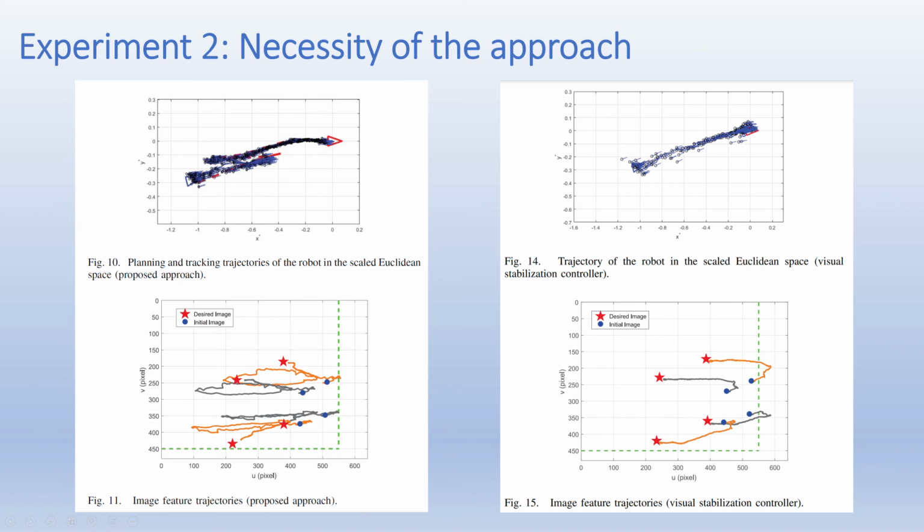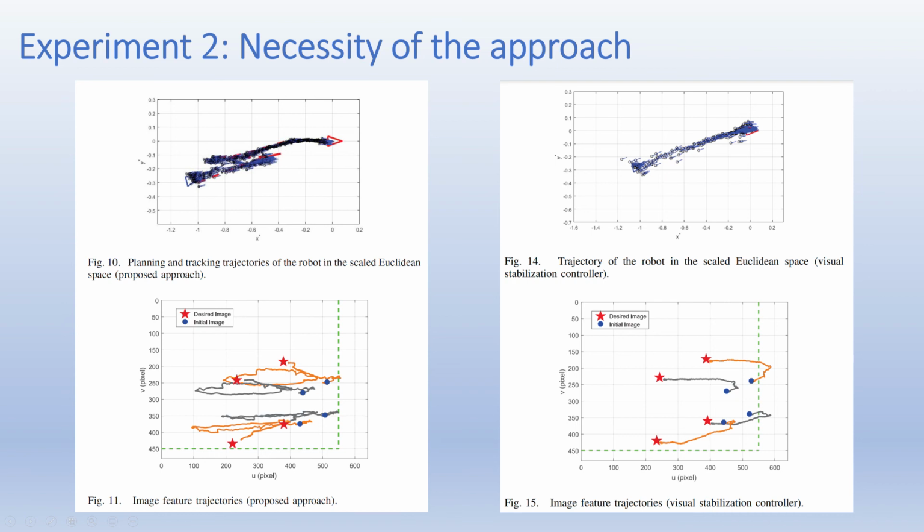In this situation, the mobile robot follows the trajectory like this. It goes to this, and from here, and during the process, this picture shows the image feature trajectories of the robot, from which you can observe that all these trajectories are within the boundary of the whole images.